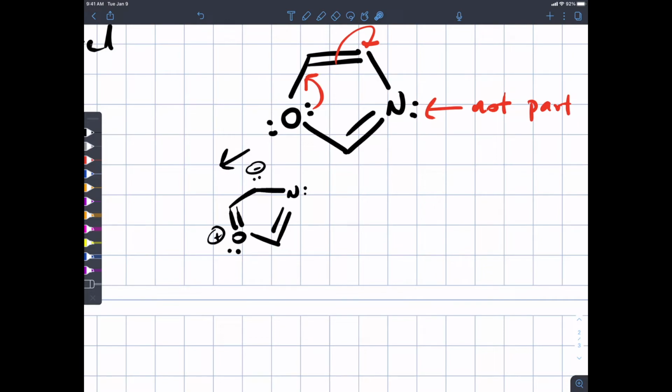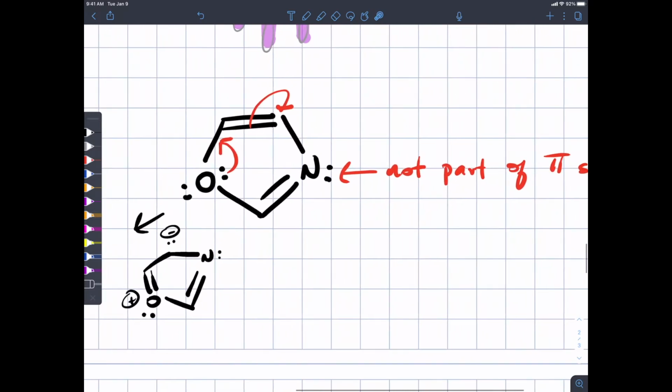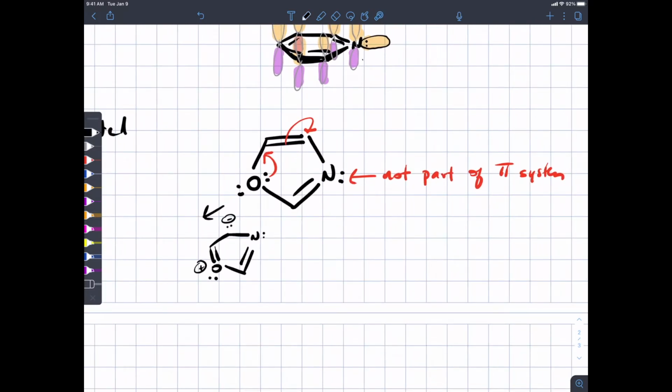So you're going to have to get good at recognizing which electrons can be part of the pi system. The ones that count, I will label here. You got 2, 4, and 6. So this is indeed aromatic as well. All right. So those are some tough examples. The book is going to take you through a ton of them.